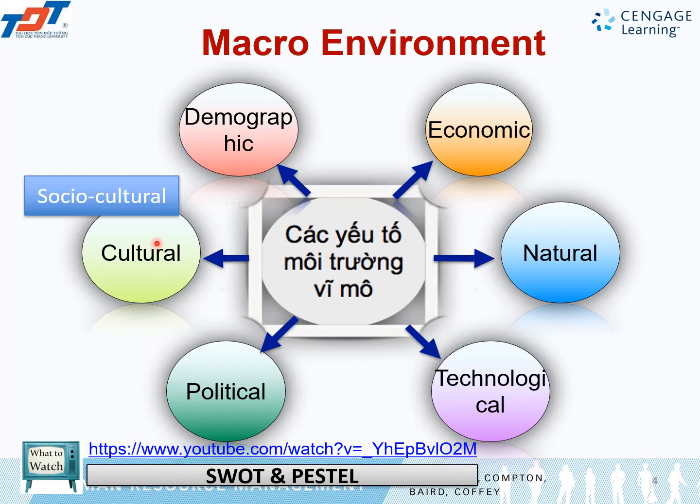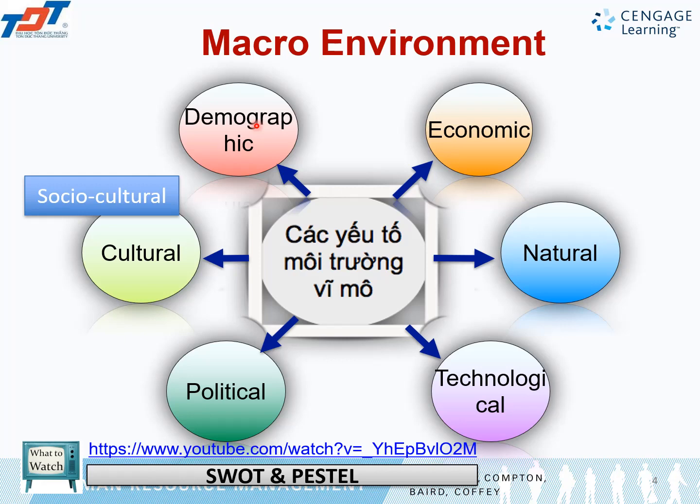Of course, we have the cultural factors. Cultural factors are very important, especially for companies doing business on an international basis. And finally, it's the so-called demographics. So demographics, as you'll find out, is the study of population. So when it comes to demographics, what we are really concerned with is the population.